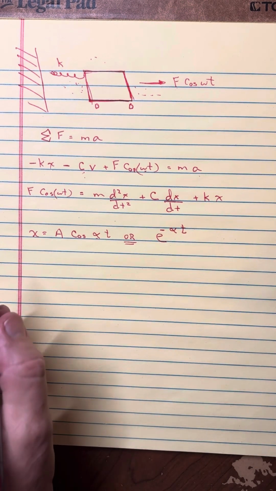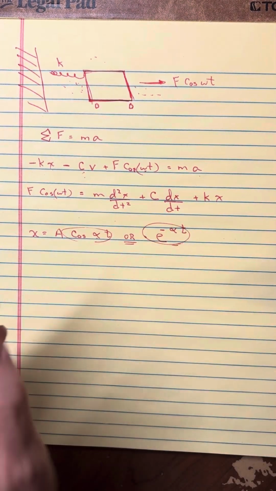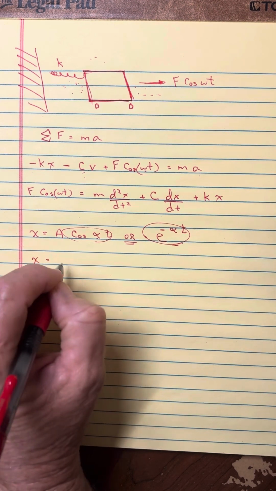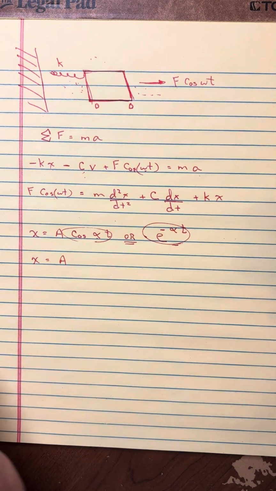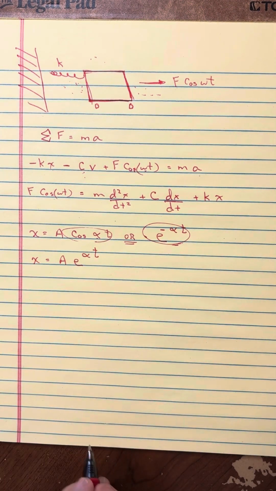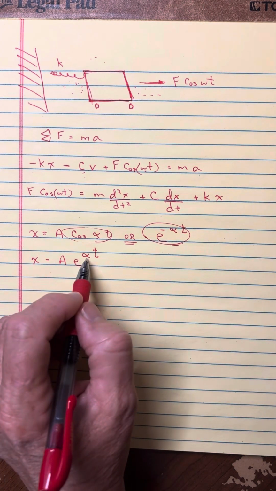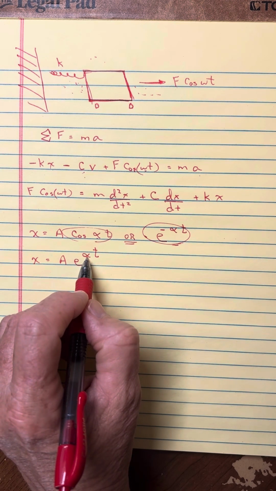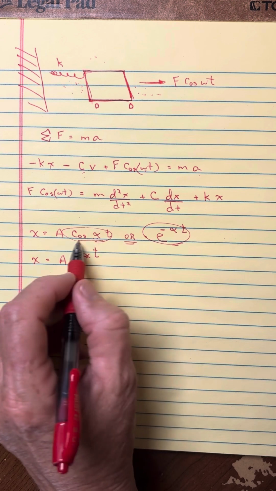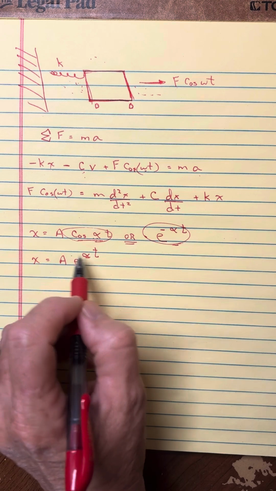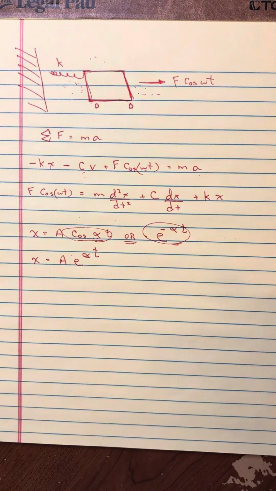Here's the idea: if you put these two concepts together, you could say something like this. Let's just assume that it follows some amplitude times e to the alpha t, where if you allow for complex numbers here, the imaginary part of the alpha would be an oscillating part, and a real part that is a negative number would be a decaying part.